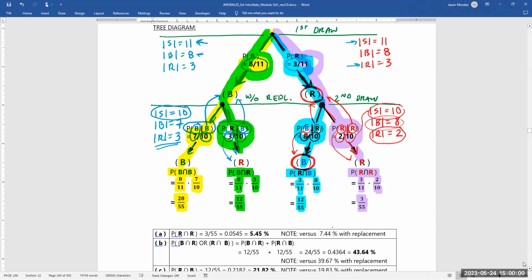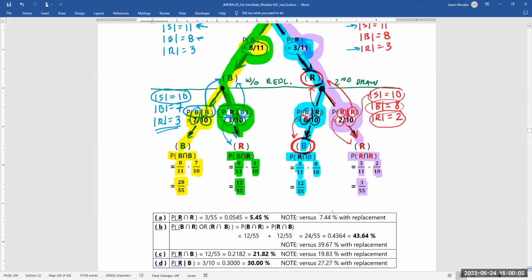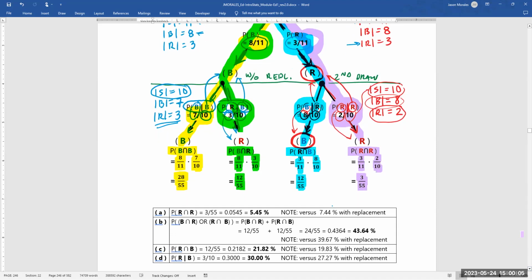So let's look at those probabilities down here at the bottom. So the probability of getting 2 red comes out to 5.45%.